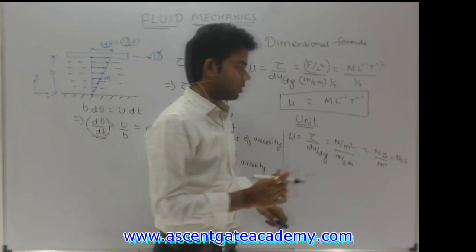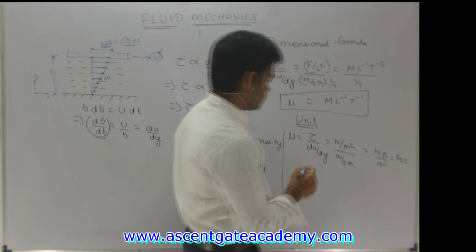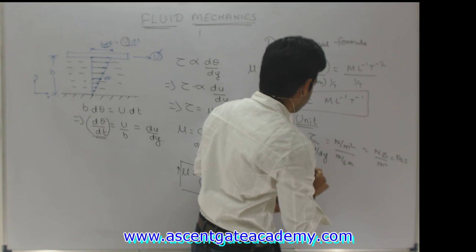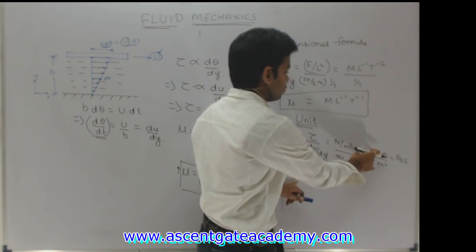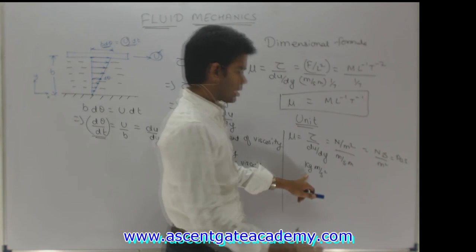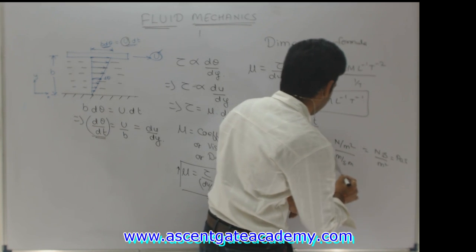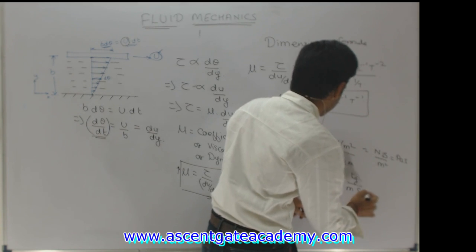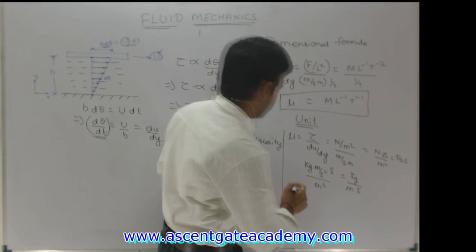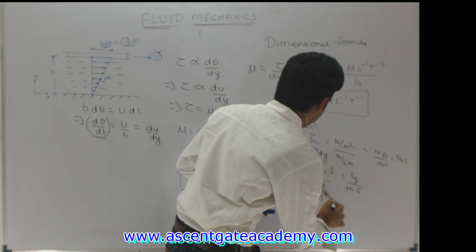This is the unit for viscosity. Further, Newton can be written as kg meter per second square, so Newton second per meter square becomes kg per meter per second. Further, 1 Newton can be written as 10 raised to the power 5 dynes.